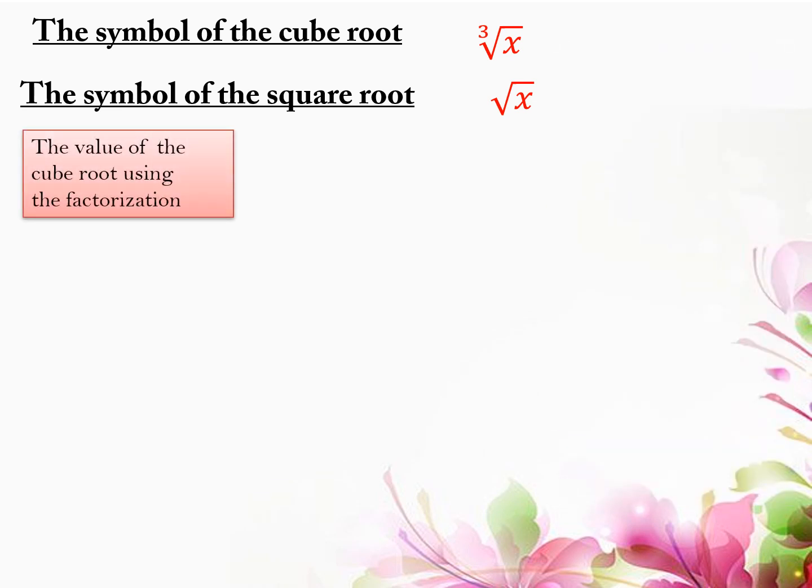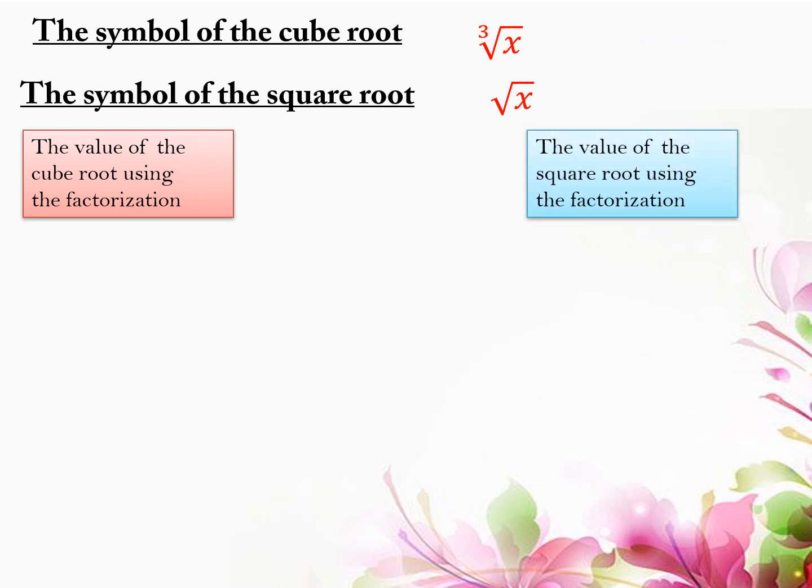Now let's find the value of the cube root using the factorization and the value of the square root using the factorization. We will make the differences between them.